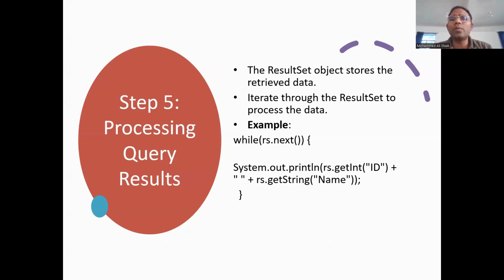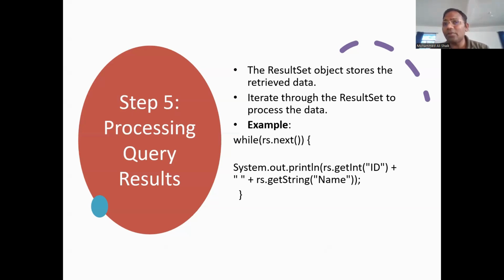Iterate through the result set to process the data using while rs.next. Result set.next means you retrieve the data record by record, or line by line, whatever you call it. Generally, we call it record by record, one line at a time in the table. System.out.println is a normal output statement in Java. So we write rs.getInt if the ID is an integer data type.